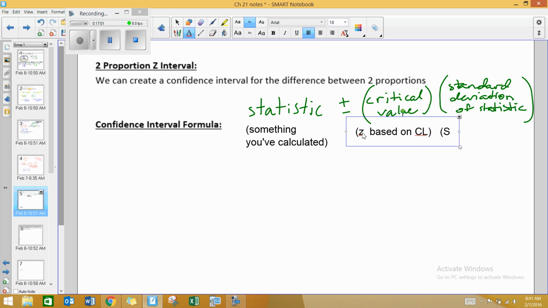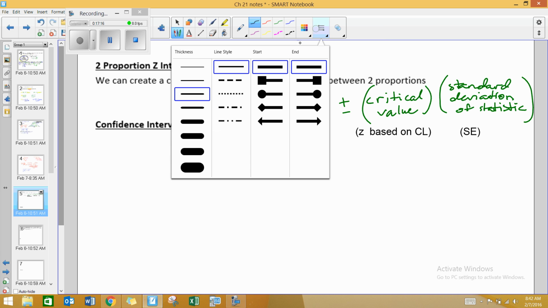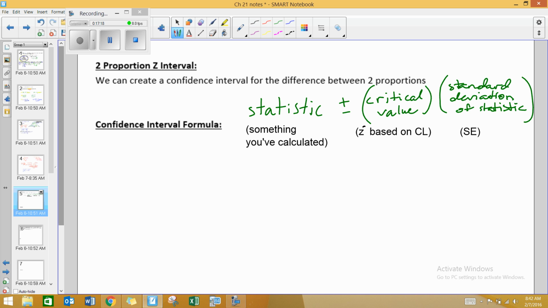And then over here, this is just going to be our standard error. Okay, so again, that stuff in green is what you'll be provided with on the AP test as far as what they give you to try to jog your memory of how to calculate these things. So just so you've had some exposure to that.